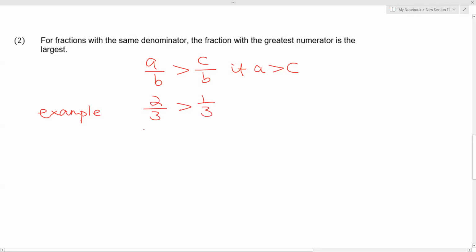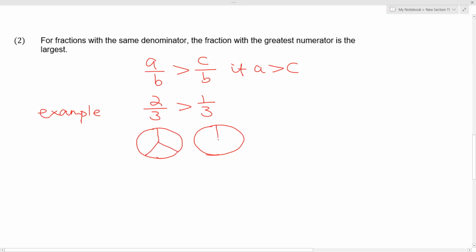For this one, we don't even have to draw a pie or a pizza, but I'm just going to draw it so that we can compare this to the first scenario. I have done my best. I think they are almost equal size.